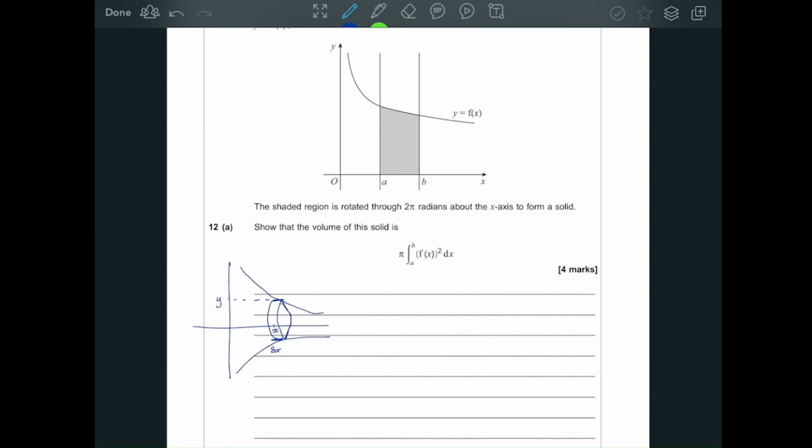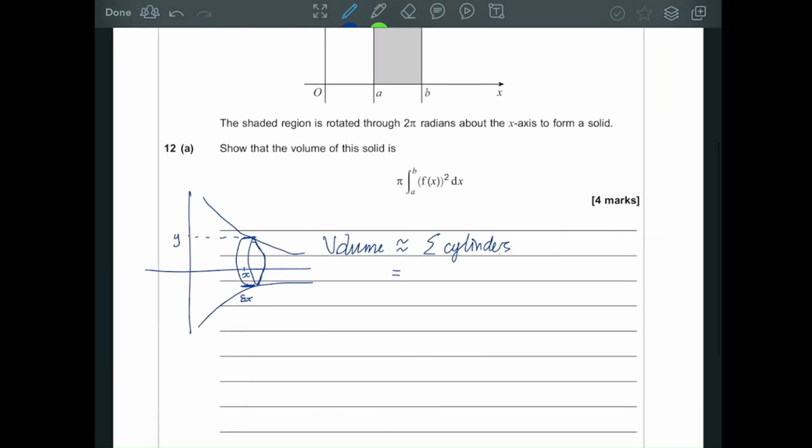So then we can say that the volume is roughly equal to the sum of these cylinders, which are going to be, well, each cylinder has a height of delta x and a radius of y, so it's pi y squared delta x. I'm calling this function y equals f of x.